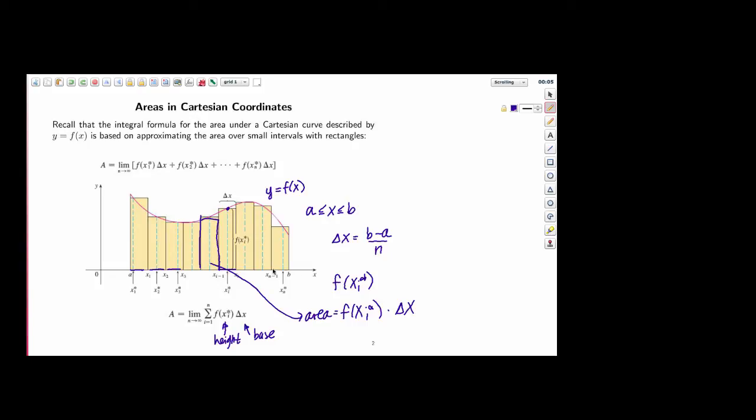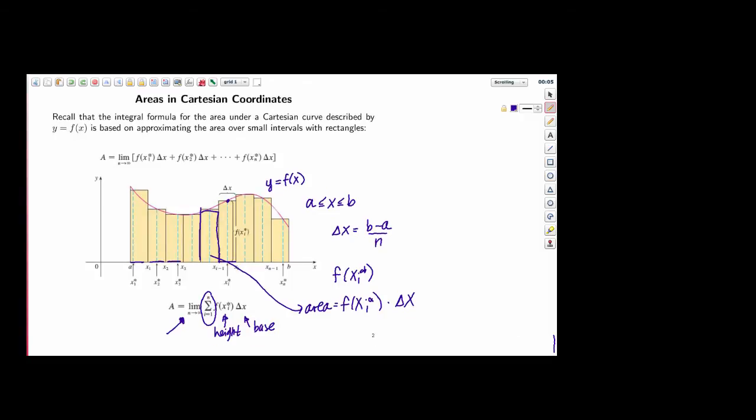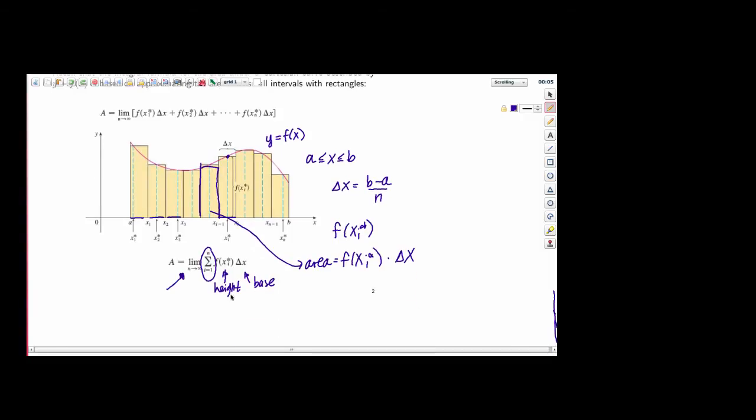We want to add up all of the rectangles, so we get the sum from i equals 1 to n. We want the total area under the curve, so we add up the areas of the rectangles. And finally, we take the limit as n goes to infinity, so we let the number of rectangles go to infinity. Remember, we called this a Riemann sum, and this is how we defined our definite integral.